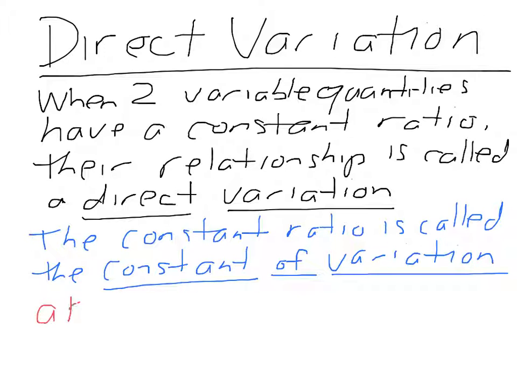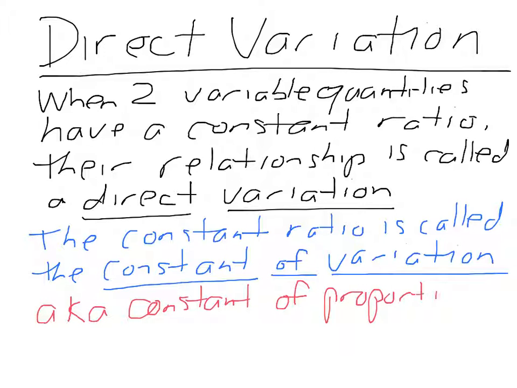It is also known as, that's why I'm going to put AKA, also known as the constant of proportionality.